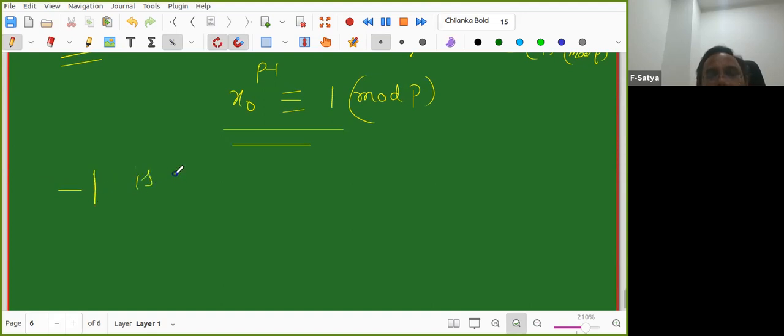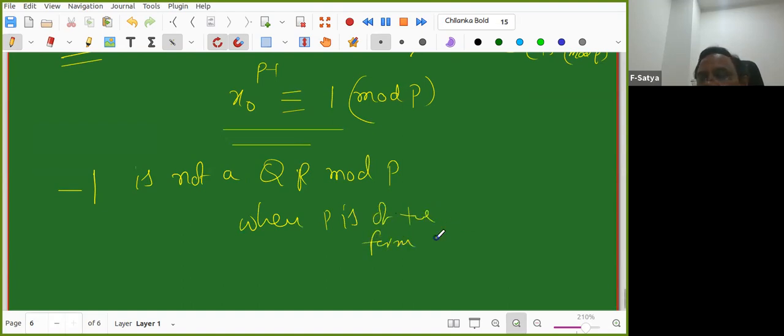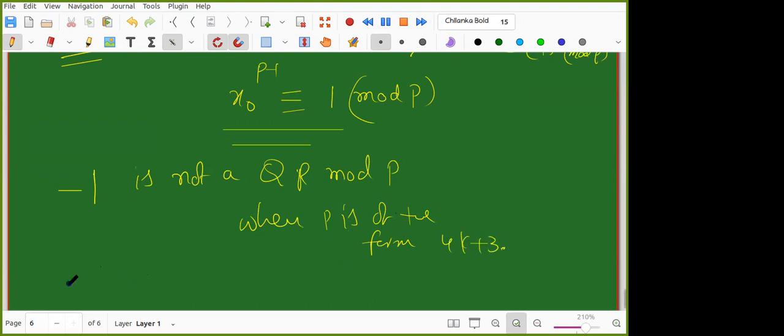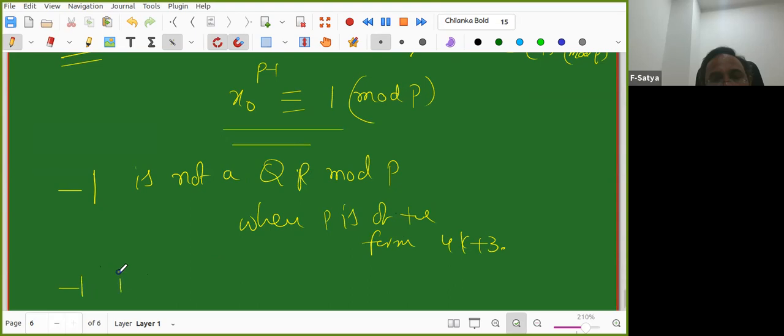Minus 1 is not a quadratic residue modulo p when p is of the form 4k plus 3. This is important. But minus 1 is a quadratic residue modulo p when p is of the form 4k plus 1.